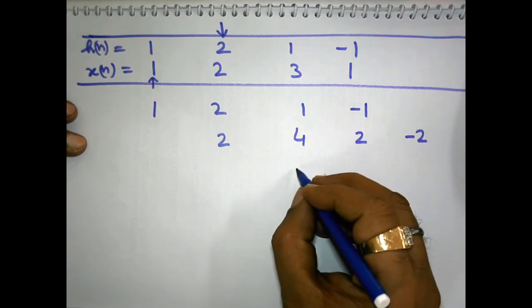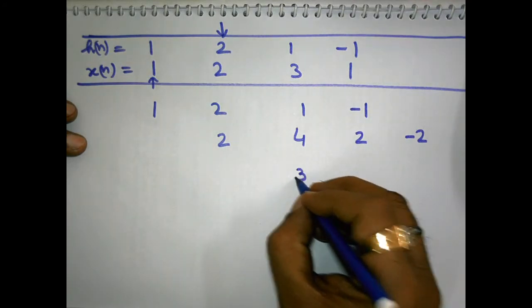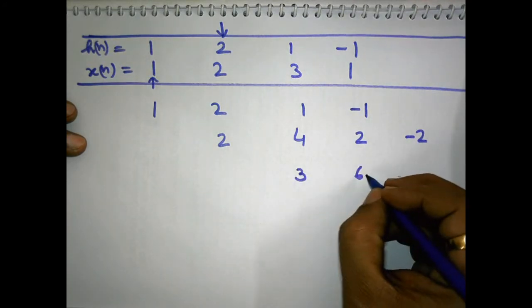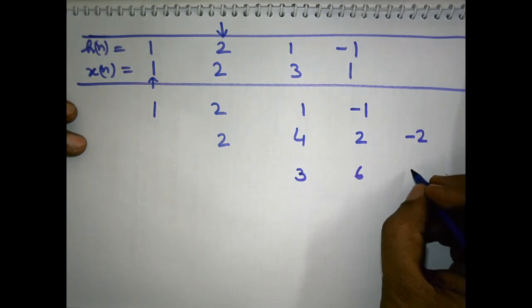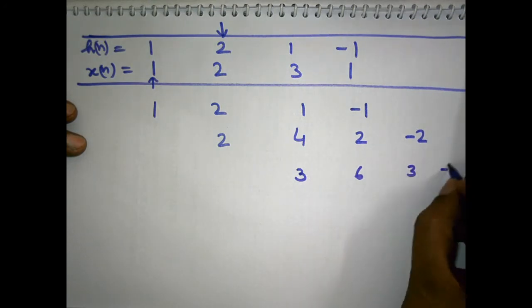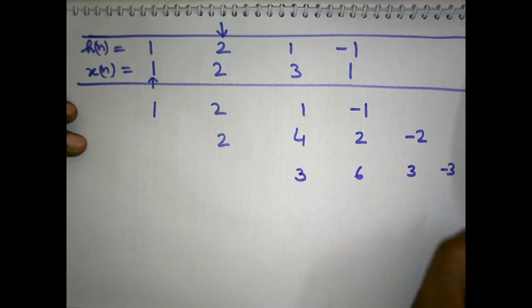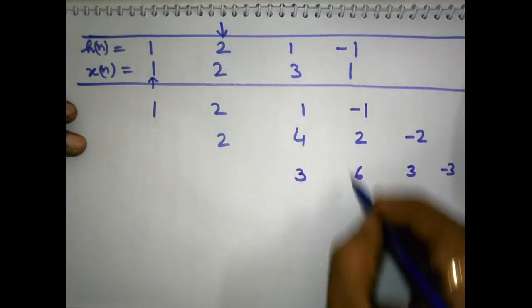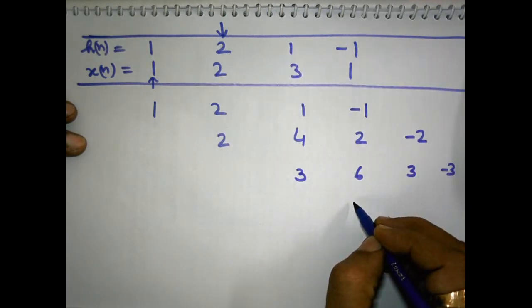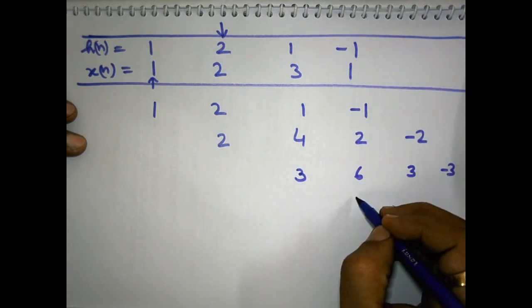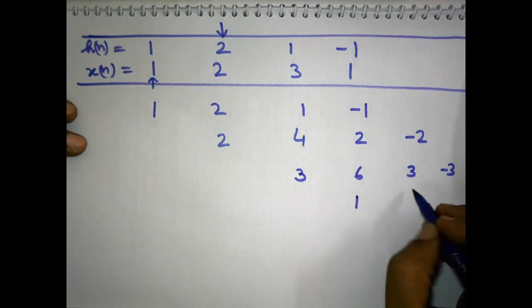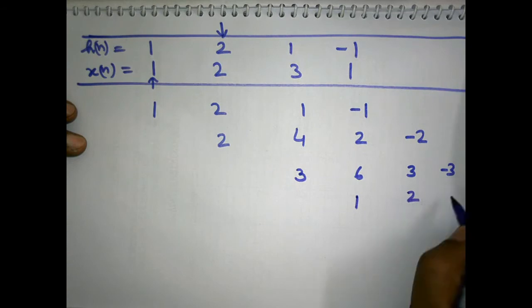So this is 3, 6, 3 and minus 3. Okay. Then 1 multiplied in each sample, and the result has to be written immediately below this. So this will be 1, 2, 1 and minus 1.